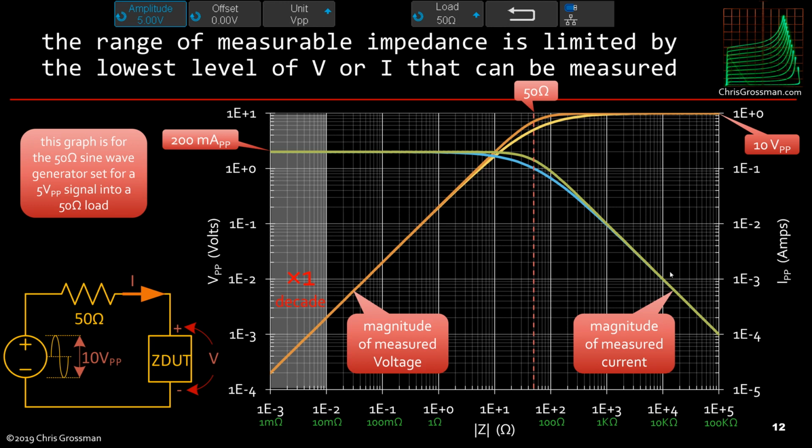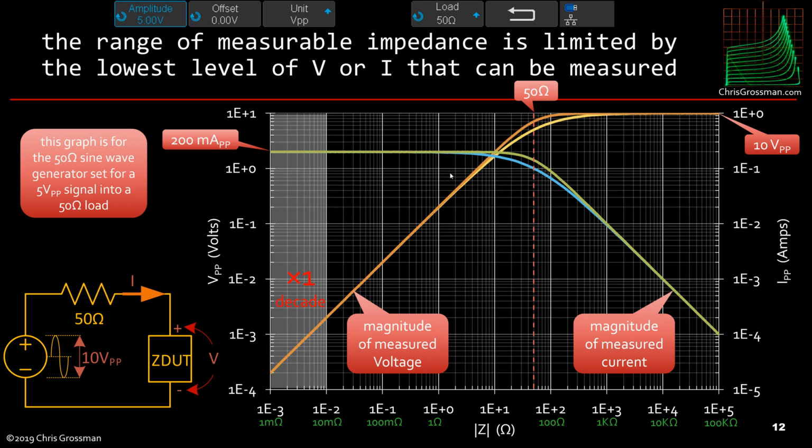And as we go up in impedance, we're just dropping the current through it, so the current we measure. Eventually, as we get up to around 100 k ohms, that current is going to be so low that it'll be limited by the noise of the current probe.